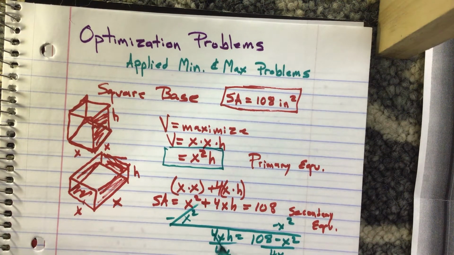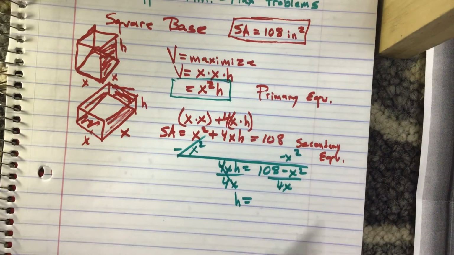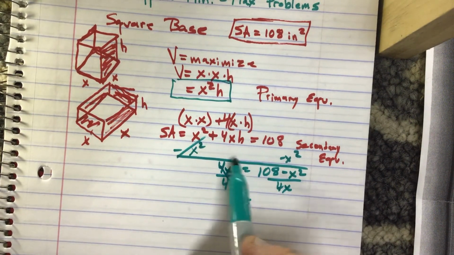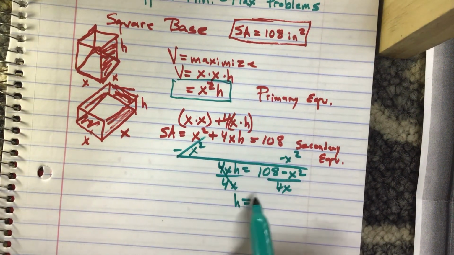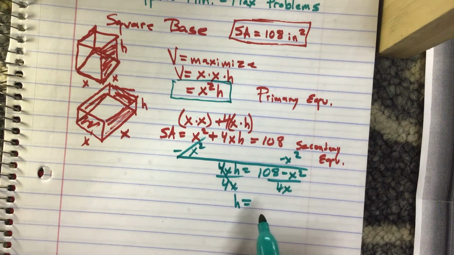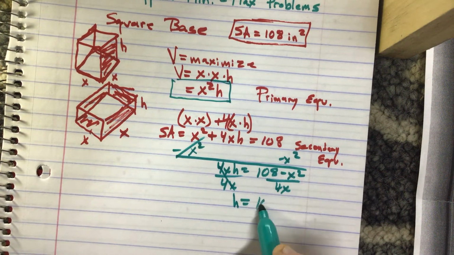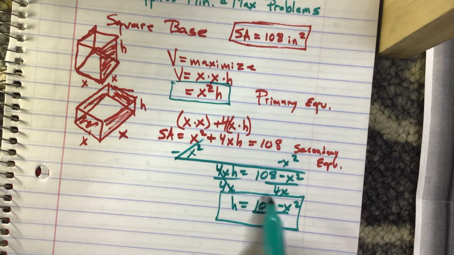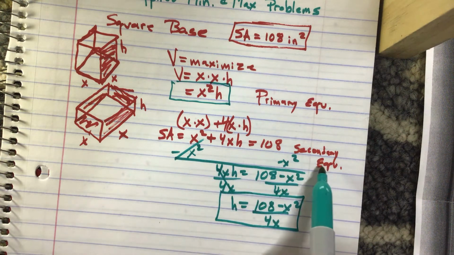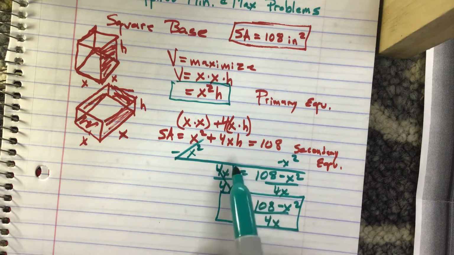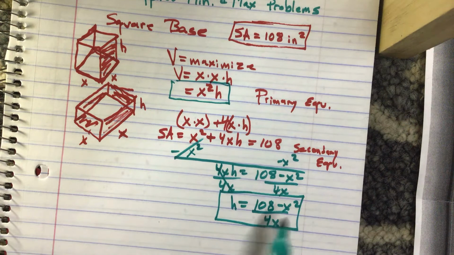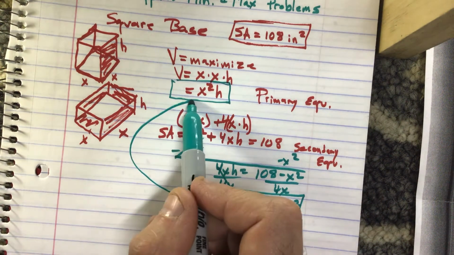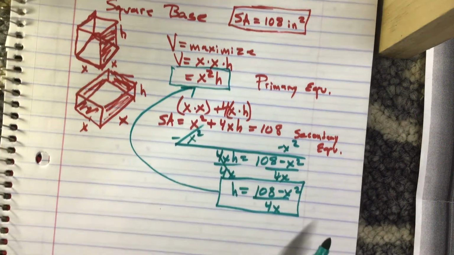So h equals 108 minus x squared over 4x. So now I've taken my secondary equation and solved it for h so that I got it by itself. Now I can substitute this back into my primary, and then I'll only have one variable.